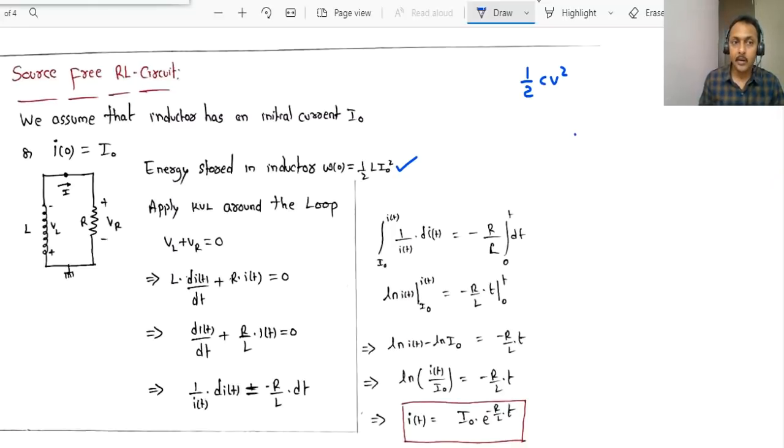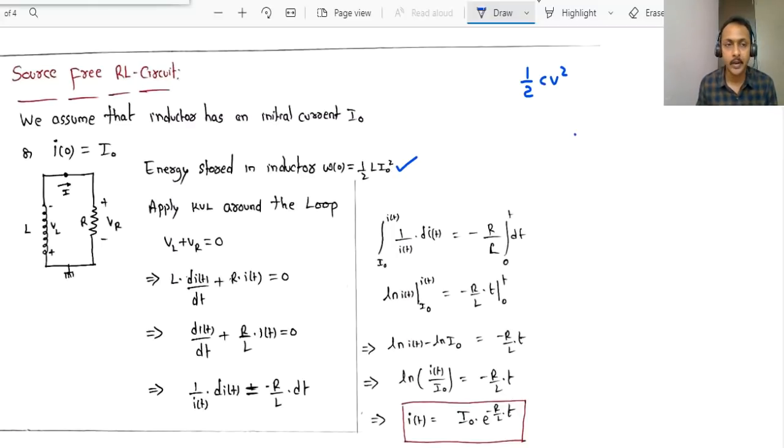Now, with respect to the source-free circuit, when the source is suddenly disconnected from the circuit, whatever energy is stored in the inductor will be released to the resistor. If you observe this LR circuit and apply KVL, VL plus VR equals 0.